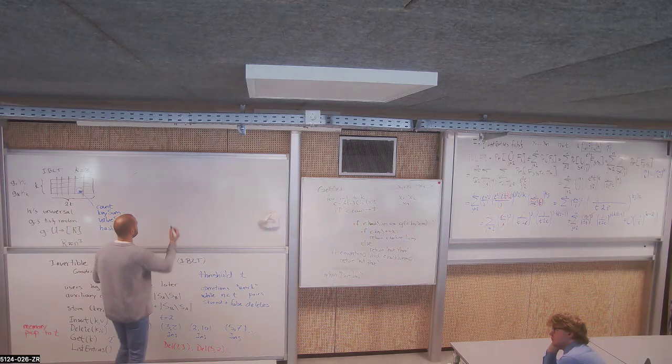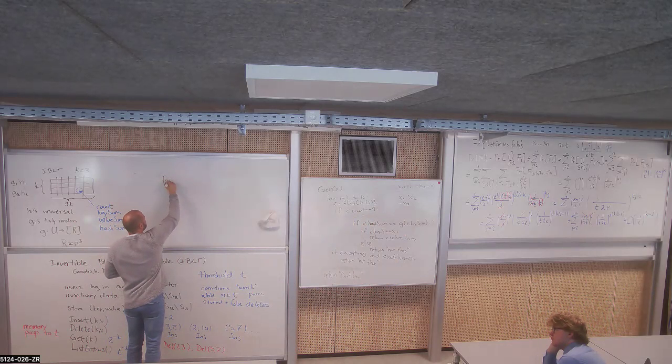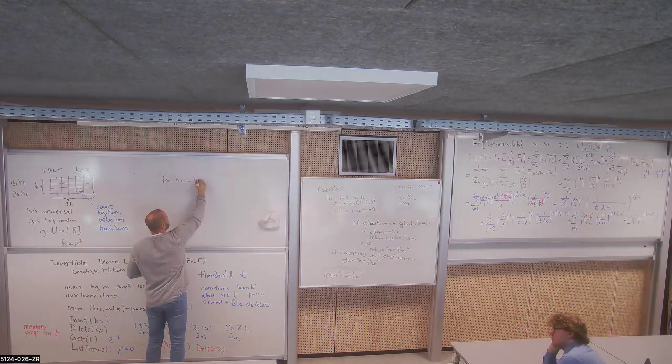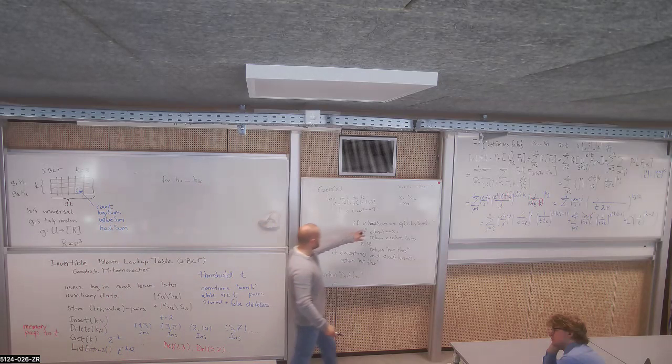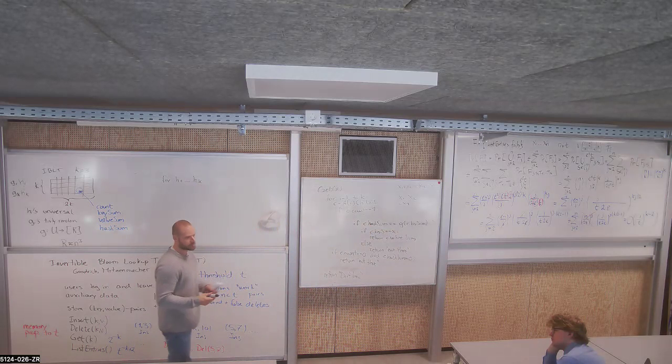Maybe we can think of it as the hash functions h1 to hk are fixed, and now we're looking at the randomness over the G function. What is the chance that I will pass this check for a given key X in a given row?